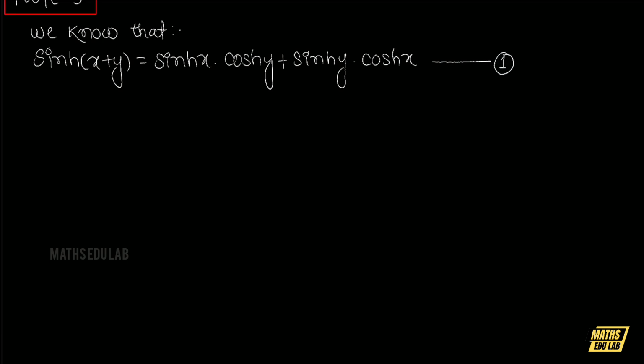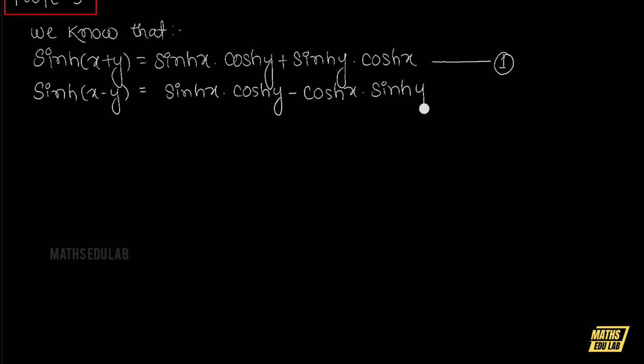Then we go for sinh(x−y), which is equal to sinh x cosh y minus cosh x sinh y. Let's write this one also as cosh x sinh y.